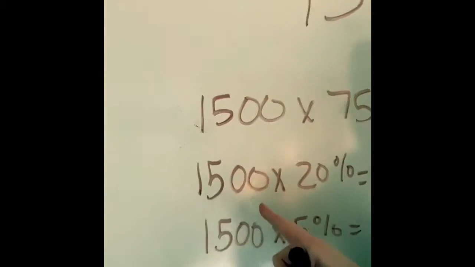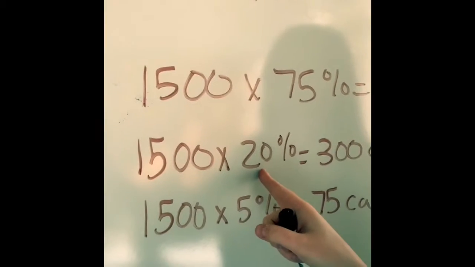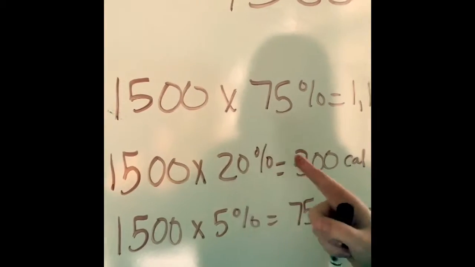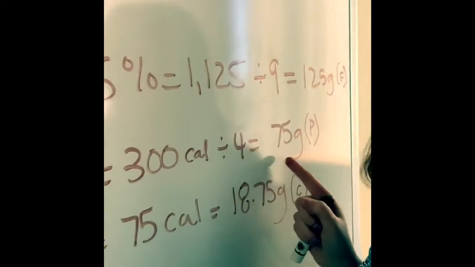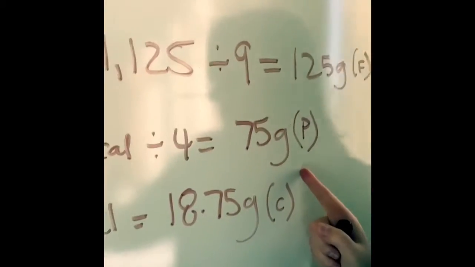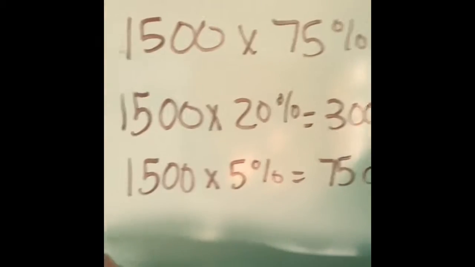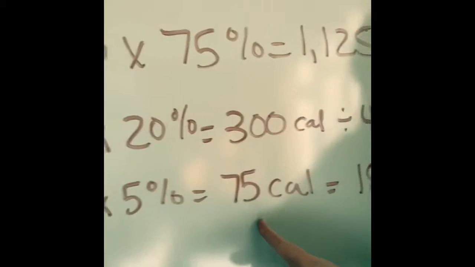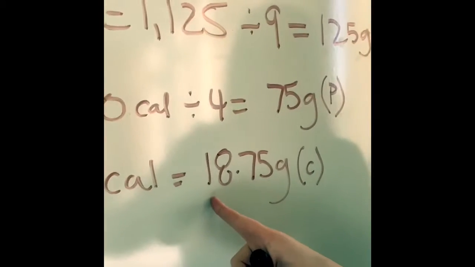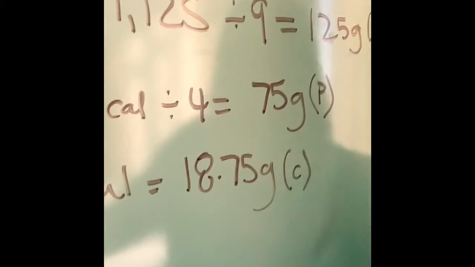So now we're going to take 1,500 times 20%, which is 300 calories. You divide that by 4, and you're looking at 75 grams of protein. And again, 1,500 times 5%, which is going to be my carbs, will give me 75 calories and about 18.75 grams for my carb count.